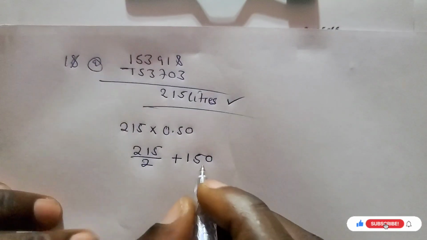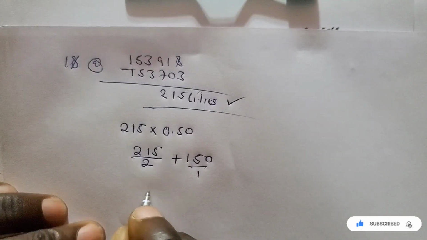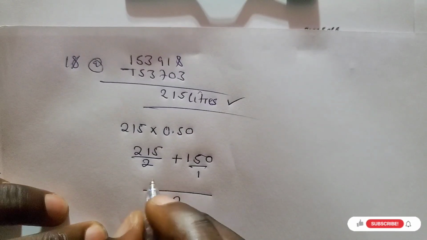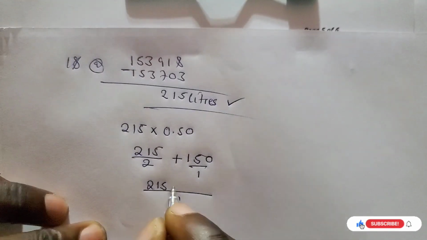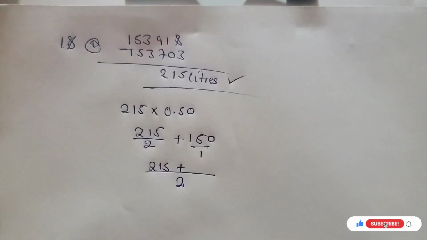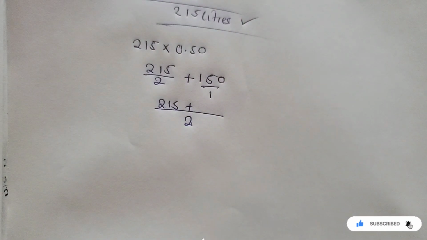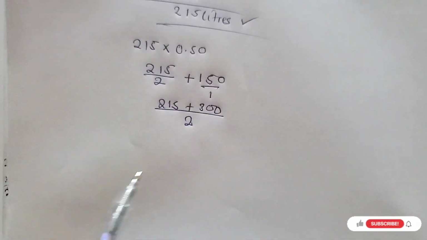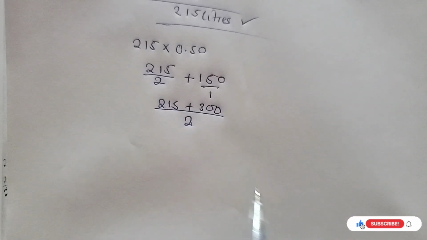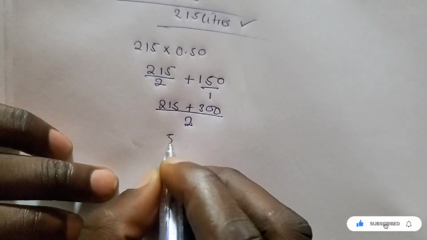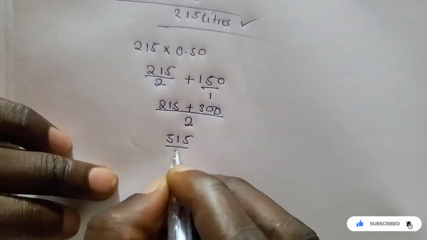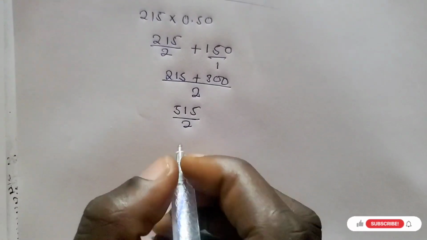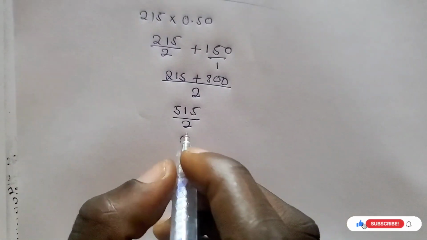So we can make this a fraction over 1. Then the common denominator here is just 2. 2 into 2, 1. 1 times 215 is 215. Plus 1 into 2 is 2. 2 times 150 is 300. We can add on top here 300 plus 215, which is 515, divided by 2. 2 into 5, it is 2, remainder 1.